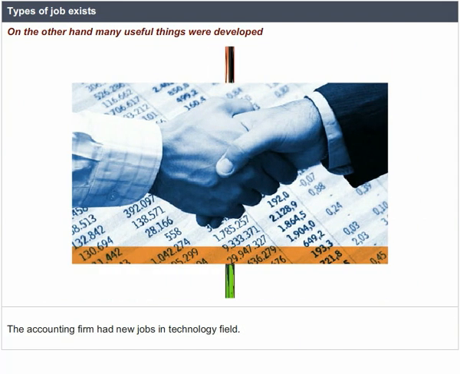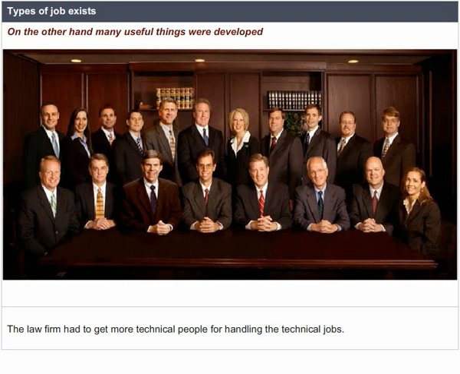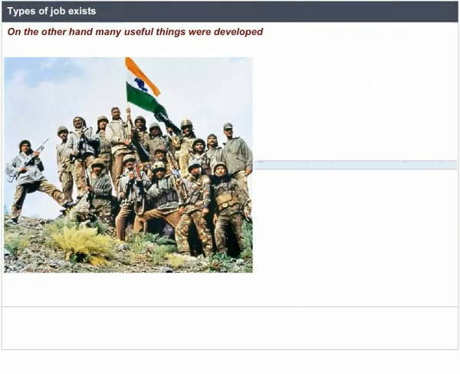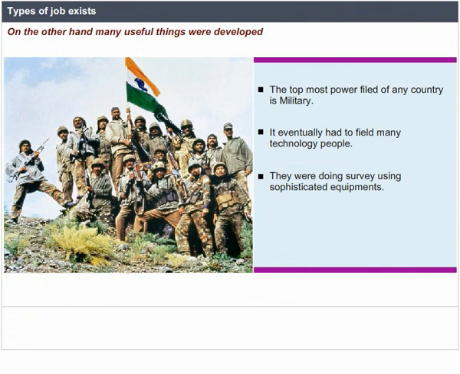The accounting firm had new jobs in the technology field. The law firm had to get more technical people for handling the technical jobs. The topmost power of any country is the military. It eventually had to field many technology people. They were doing surveys using sophisticated equipment. Many intercepting jobs were created.